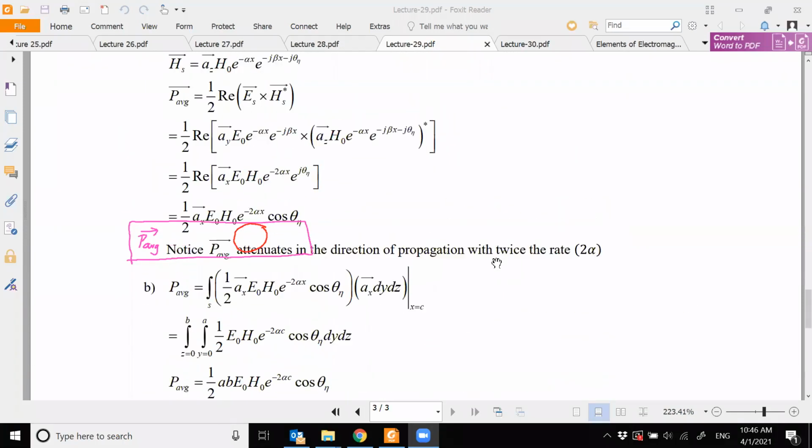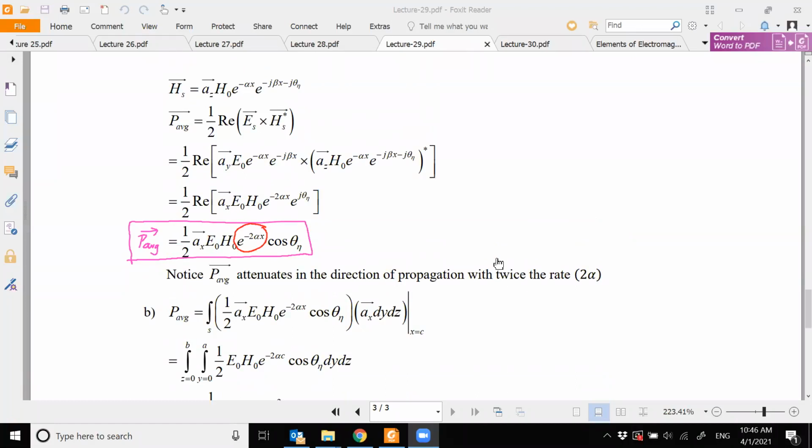If you see, my electric field and magnetic field both are traveling in the positive x direction. Their propagation is in the plus x direction. But my magnetic field is attenuating as e to the power minus alpha x. My electric field is also attenuating.